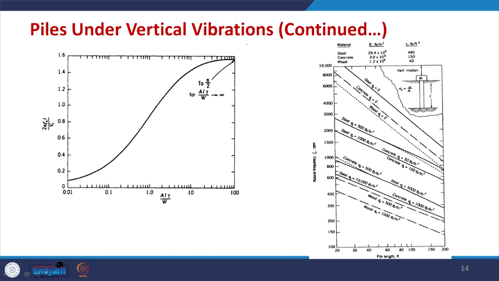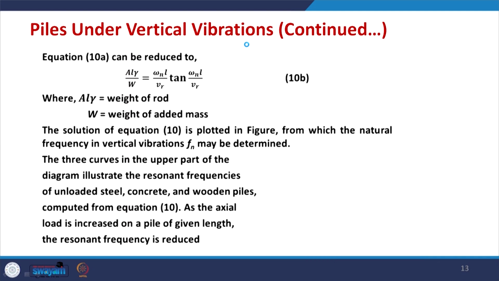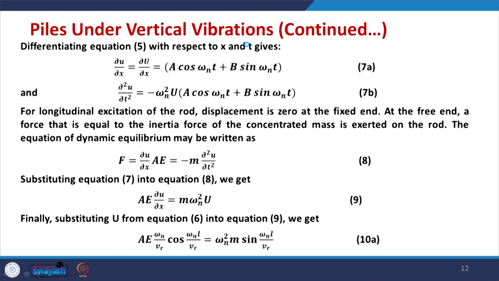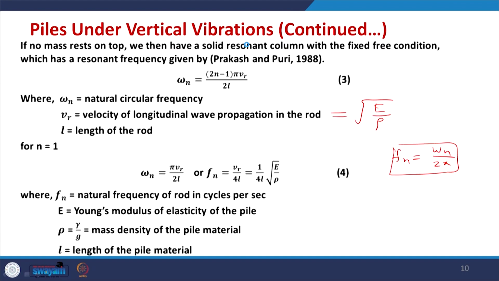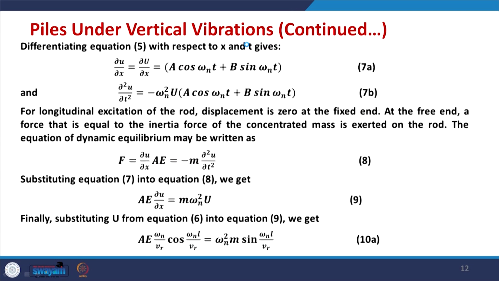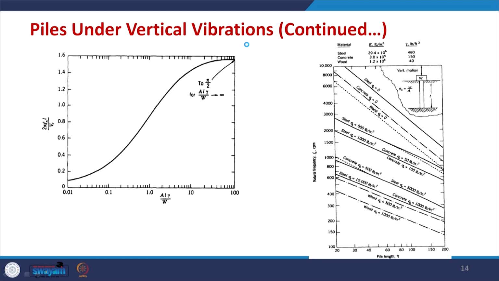So, this is the variation there, and not only that, in this plot the natural frequency, which is found from the earlier equations, equations 3 and 4, is also plotted. The fourth equation gives you the natural frequency, plotted for different lengths of the pile in this graph.